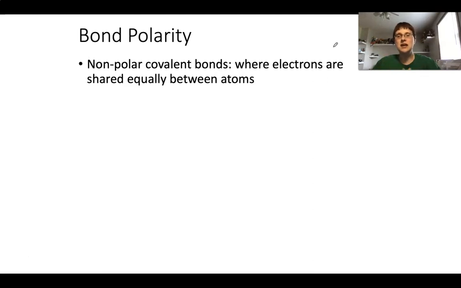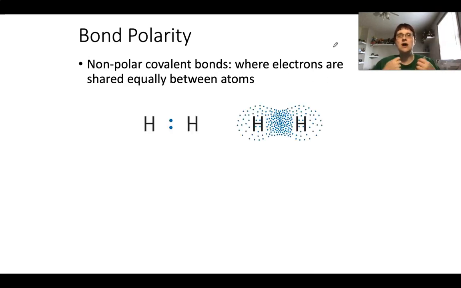So there's the first type of covalent bond we call a non-polar covalent bond. This is where electrons are shared equally between the atoms. And so the most common non-polar bond is when you've got atoms of the same type. And this makes sense if you think about it. So for example, we've got two hydrogen atoms. These two hydrogen atoms are going to equally pull on the electrons.